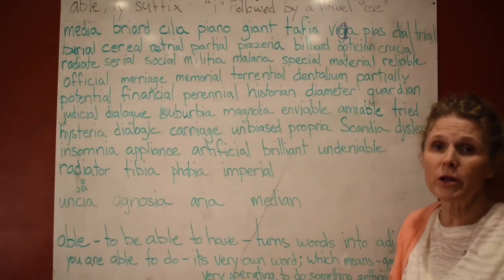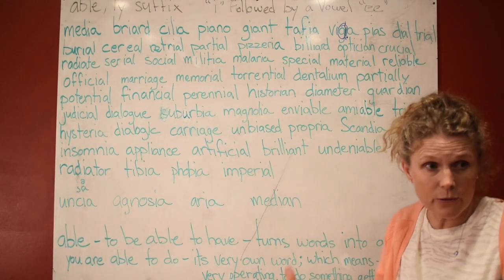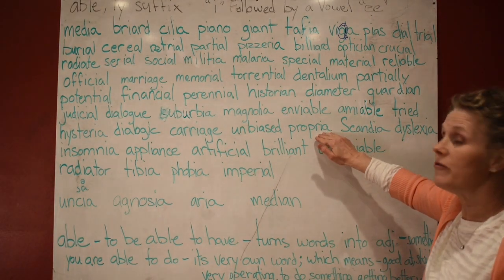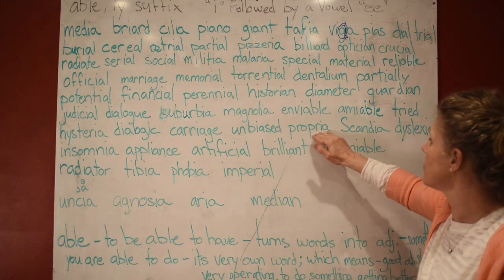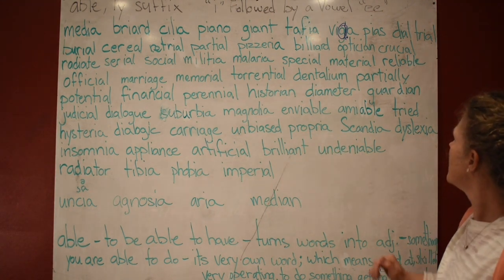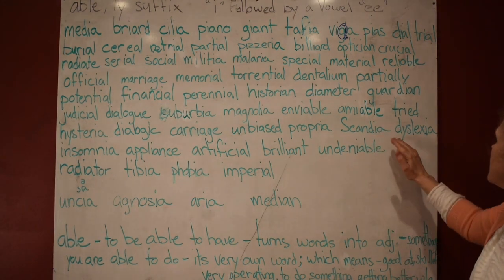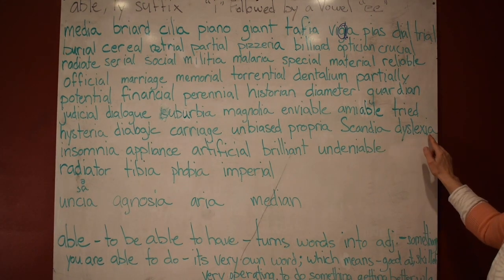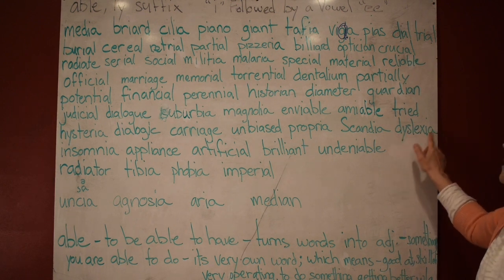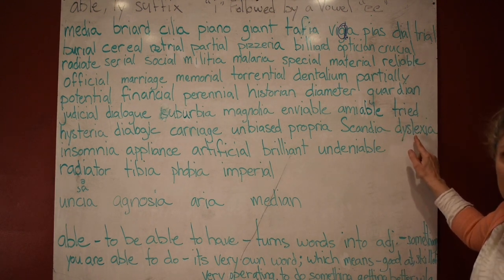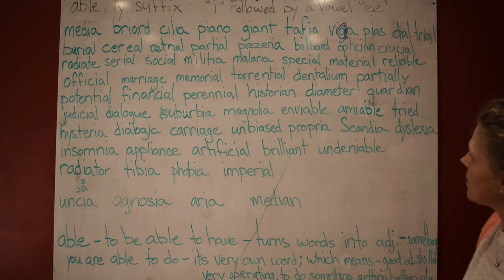So you can even read words that really aren't in your language that you study, and if you can follow some of the spelling rules, it will help you read it. Scandia, E-A. Dyslexia. Now this says E-A. This is Greek and dis means difficulty with reading right there.